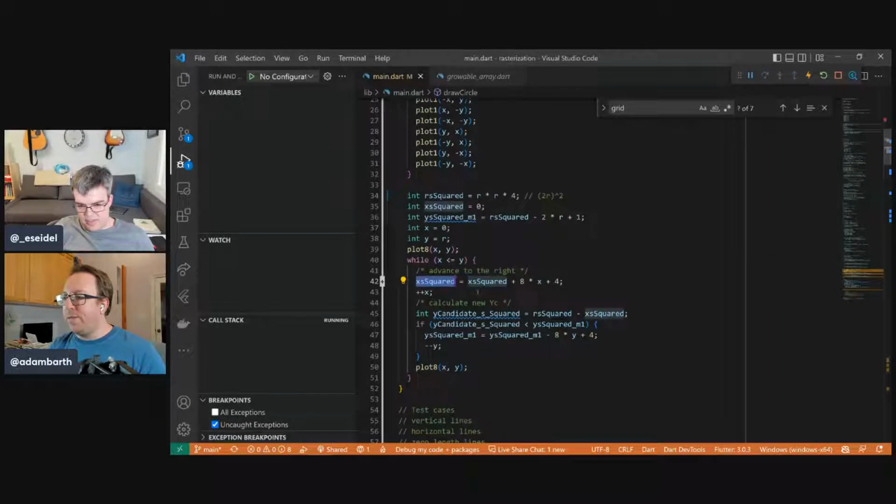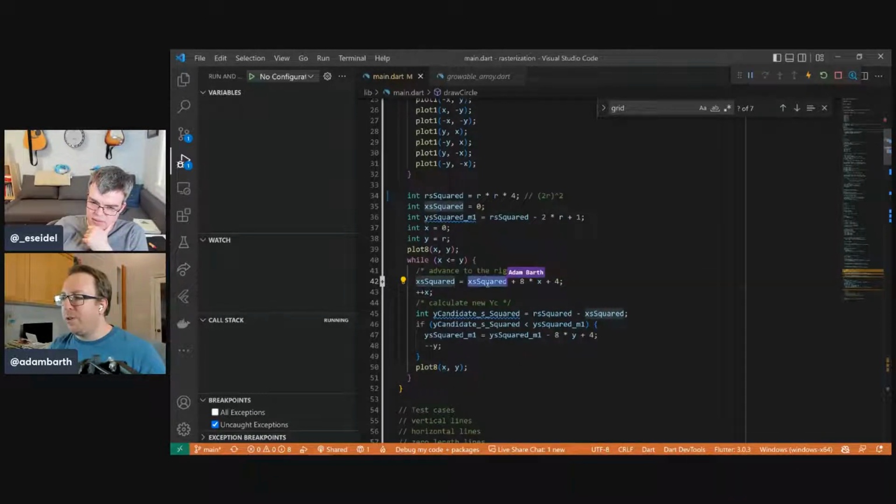So why is this advancing to the right? So this we saw in Wikipedia, right? Mm-hmm. This was x. X squared is... It's wild to me that this takes the x as input. It's the previous x, right?